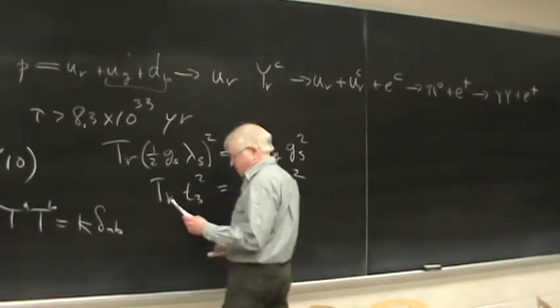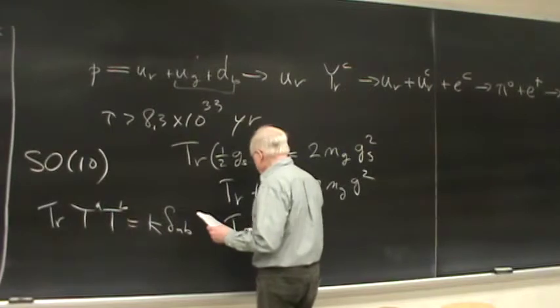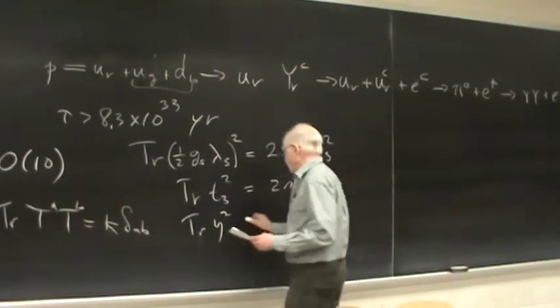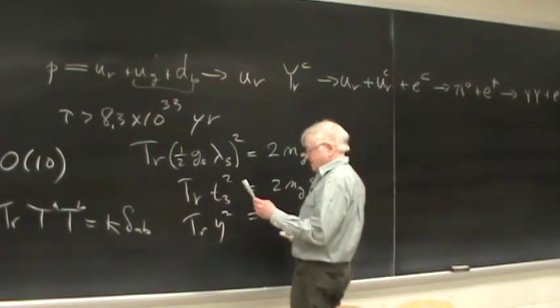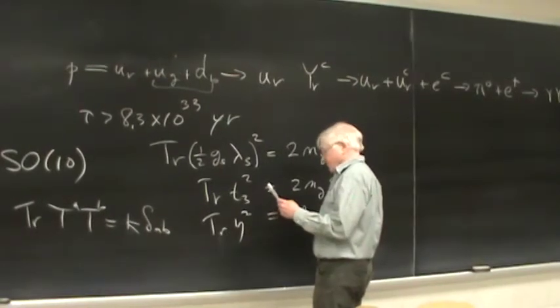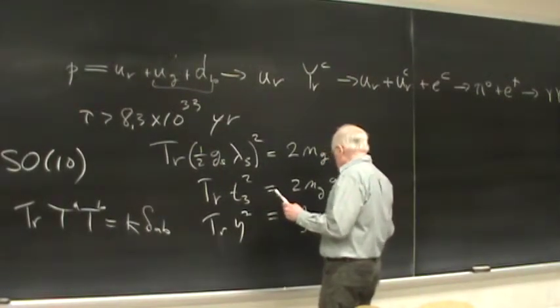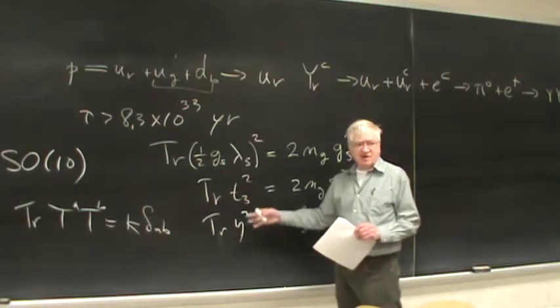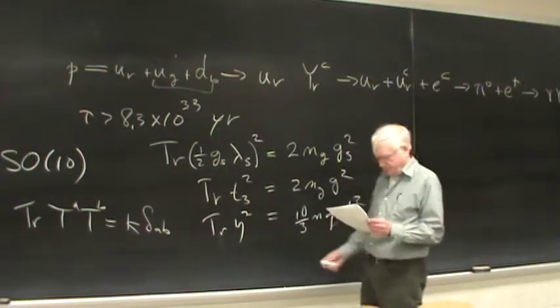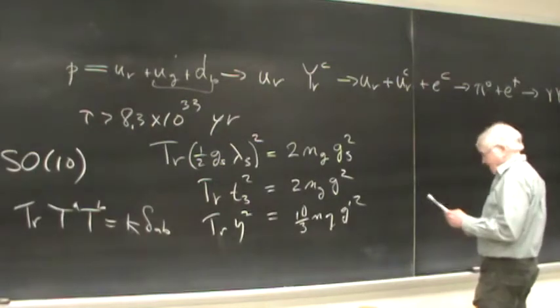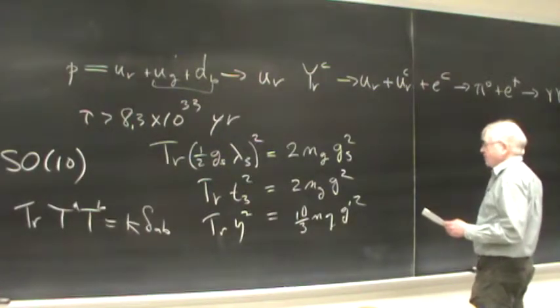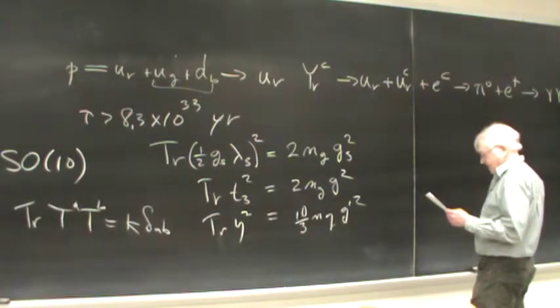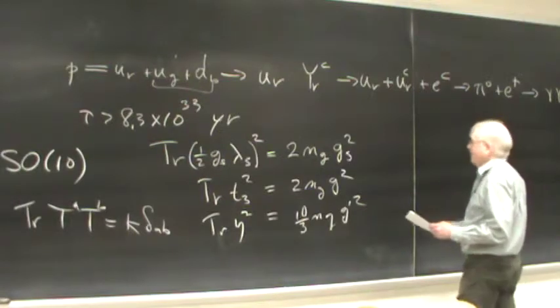And the next one is the trace of what he calls Y squared, and this gives us 10 over 3 number of generations G prime squared. In other words, these are the generators of SU2. So what do we want if we want everything to be the same?